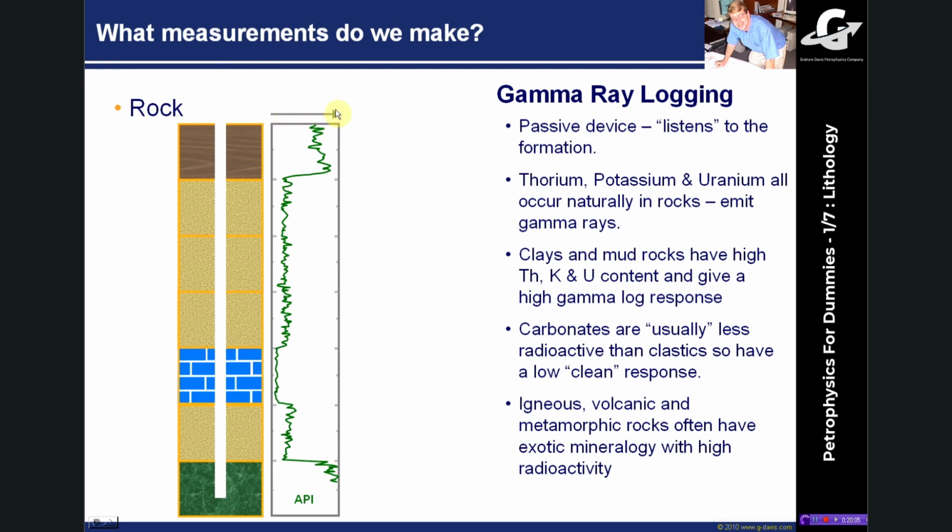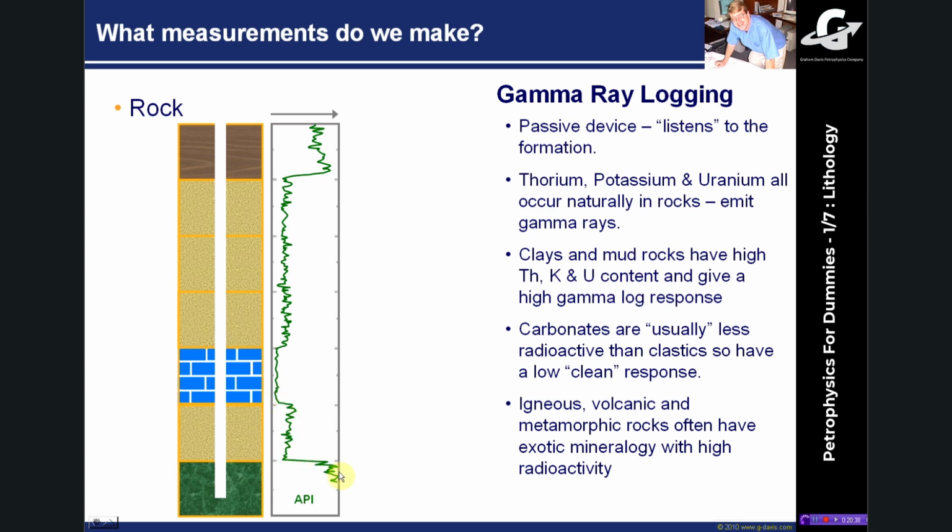So over here we have higher radioactivity, and remember the mud rocks and the clays, they all contain higher content of thorium, potassium and uranium, and so they give out higher radioactive response. The sandstones are often quite clean and have a much lower response. Carbonates, as I said, typically show up as an even cleaner response, if you like, even lower radioactivity than sandstones.